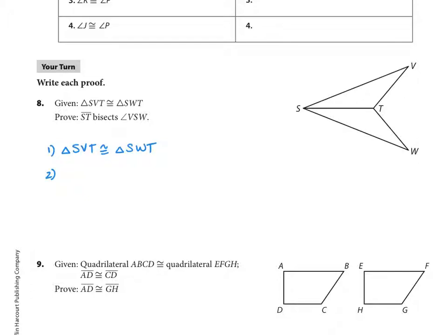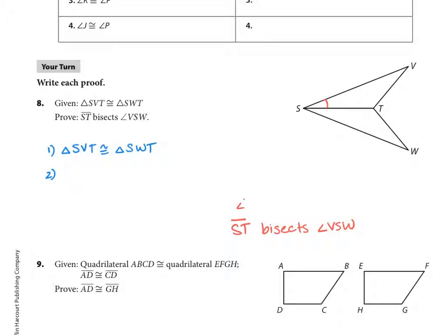But I'm not going to get there quite yet. Our second statement is, remember, we need to fill in some details in order to get to our answer. And my answer I want to get to, I'm going to do some backwards brainstorming. And segment ST bisects angle VSW is our so-called answer, our proof statement. So what does that actually mean? It means that this angle, let me write this down.